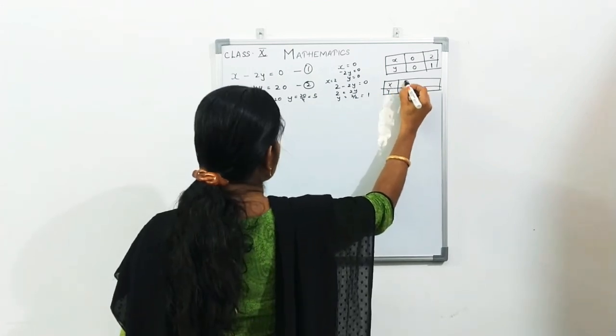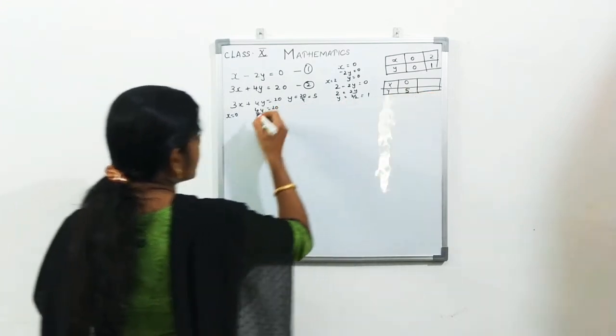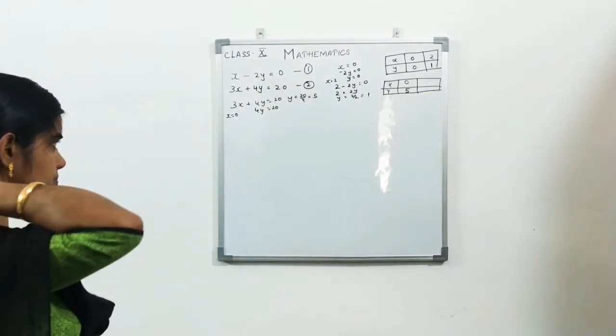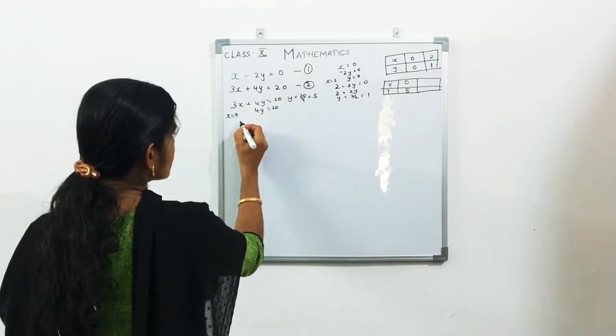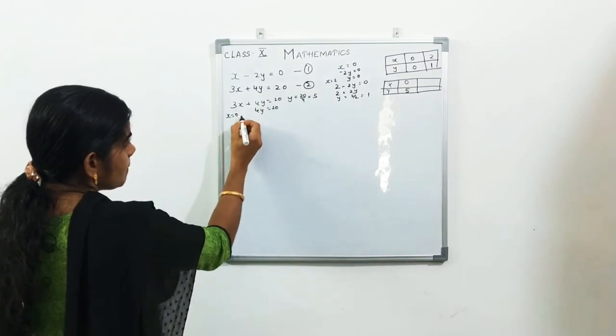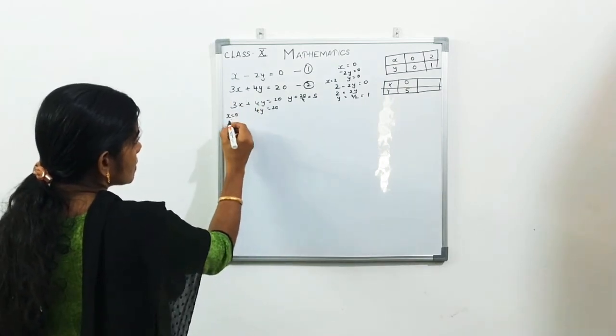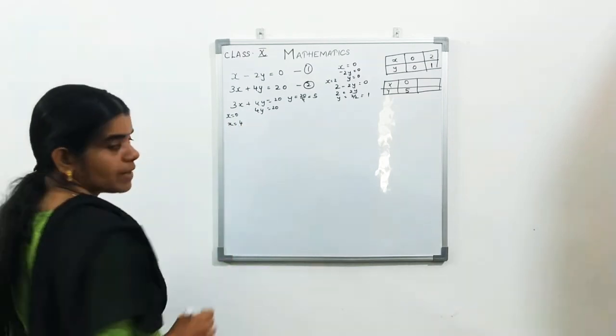When x is equal to 0, y is equal to 5. Next you want to find one more solution. I am giving x is equal to 4.